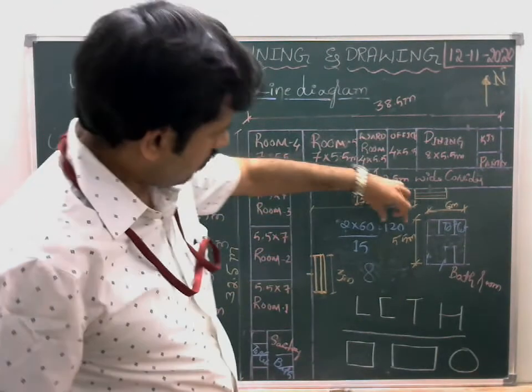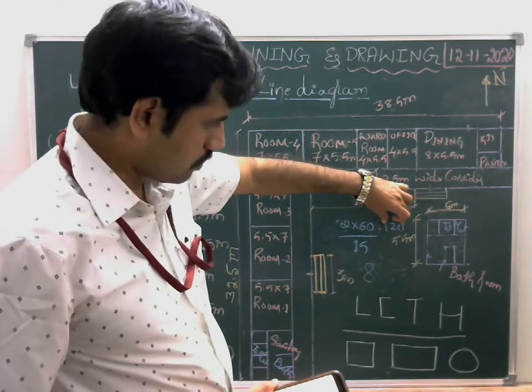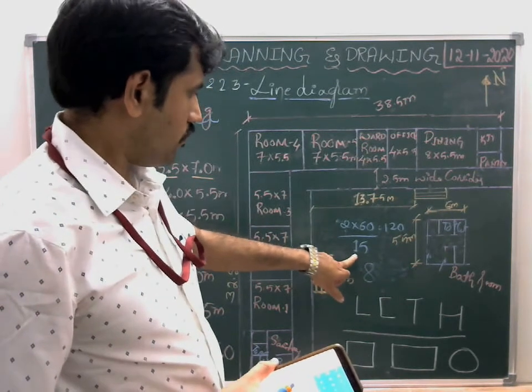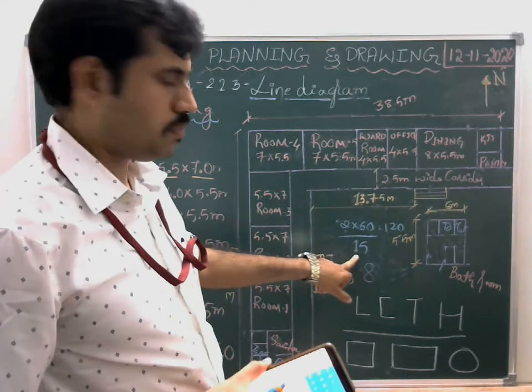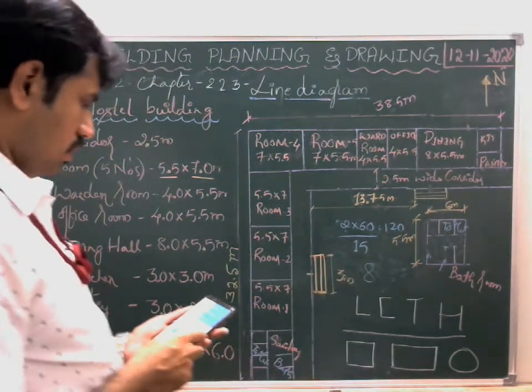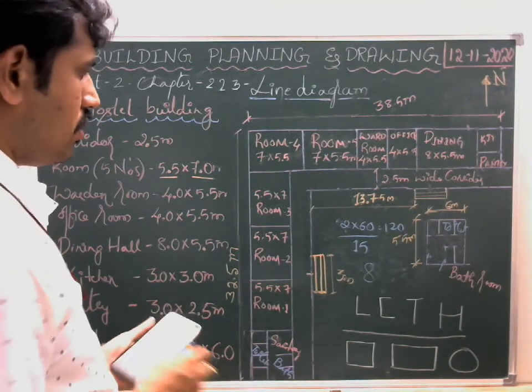So the total minutes divided by the minutes consumed by each person comes around 8.